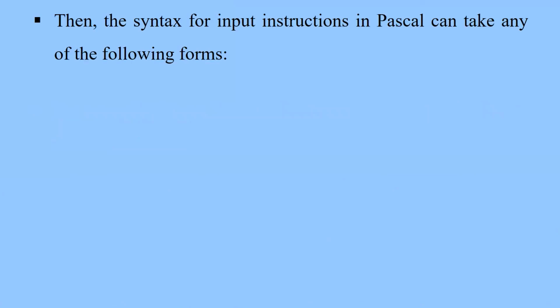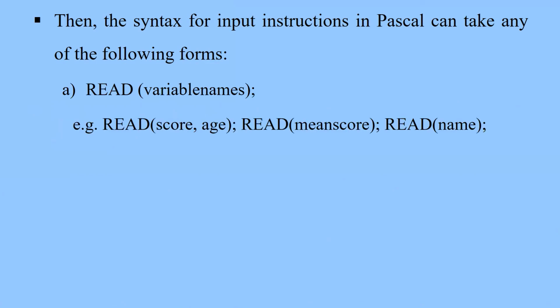Then the syntax for input instructions in Pascal can take any of the following forms. Read, variable names, semicolon. That's the syntax. So if you want to read the score and the age at the same time, you write it as read, opening parenthesis, score, comma, age, closing parenthesis, and semicolon.